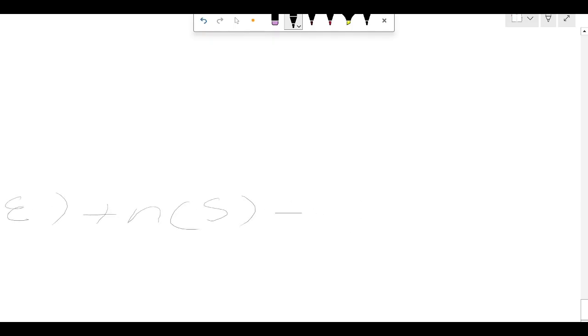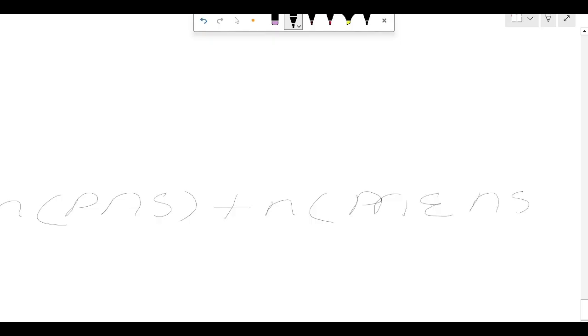So I'll subtract them with number of P intersection E. Then I'll again subtract them from number of E intersection S, and I'll subtract them from number of P intersection S. And in the end, what we will do is that we will add them with the number of P intersection E intersection S.